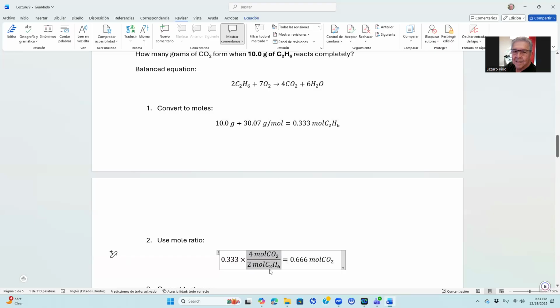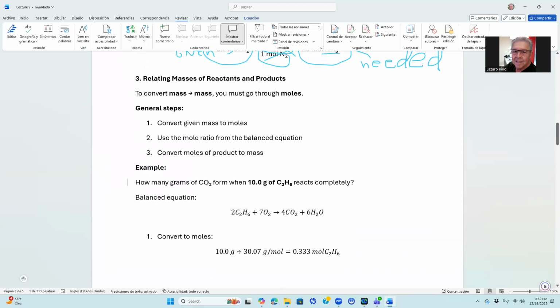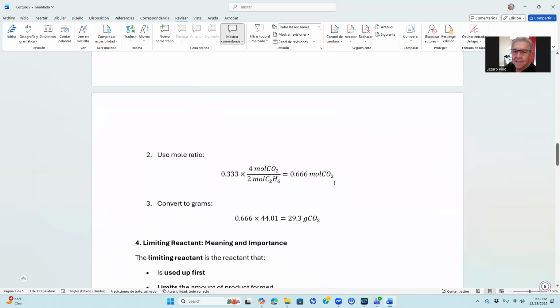Then using this conversion factor that you get from the equation, you can get the moles of CO2. But the question was the grams of CO2. Then in order to convert moles of CO2 into grams, I have to multiply by the molar mass, and then you get the grams of CO2.